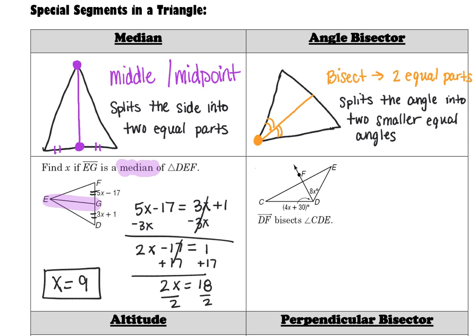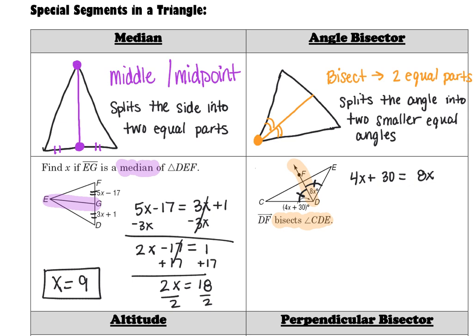So let's look at our example. DF bisects, here's our word bisect, angle CDE. So I'm going to find that angle CDE, and that line that's running through is going to split that angle into two equal parts. Since one of our angles is 4x plus 30, I set it equal to our other angle, 8x.